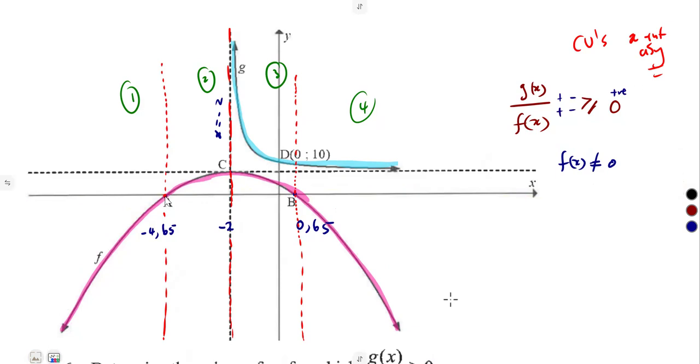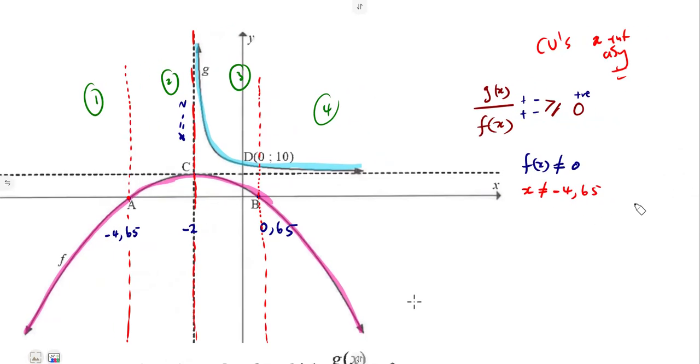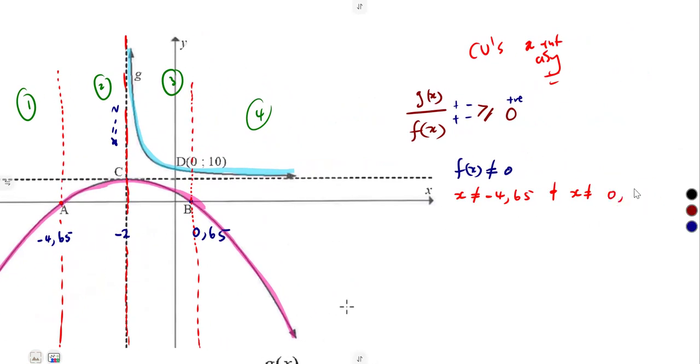Meaning to say at minus 4,6, x cannot be equal to minus 4,65. And also at b, which is the x-intercept, x cannot be equal to what? 0,65. It can be greater than, it can be less than, but not equal to this.